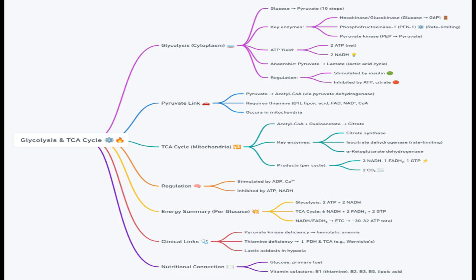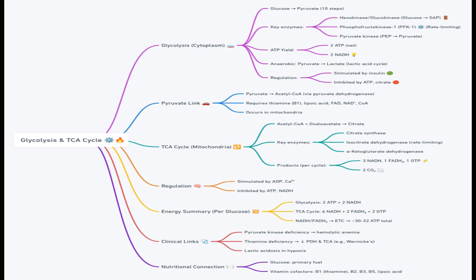From isocitrate to alpha ketoglutarate, you have isocitrate dehydrogenase, and from alpha ketoglutarate to succinyl CoA, you have alpha ketoglutarate dehydrogenase. Succinyl CoA to succinate is succinyl CoA synthase.